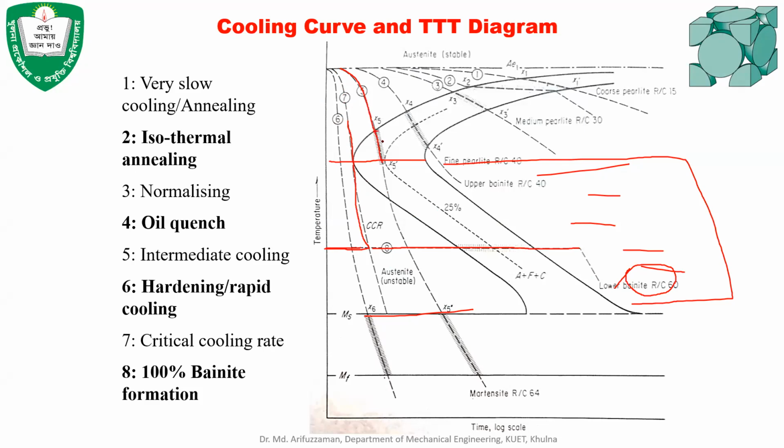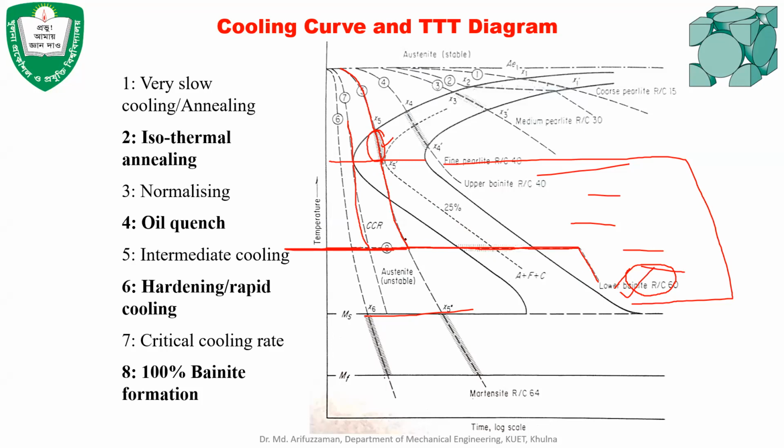Some pearlite will be produced in this region. Then the rest of the austenite, you keep it at a certain temperature, like at this temperature, and then the rest of the austenite will be transformed into bainite. So that is how you can obtain a mixture of pearlite and bainite.